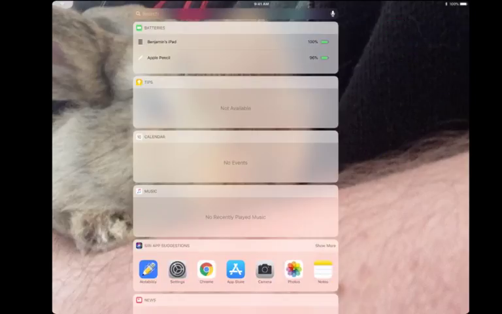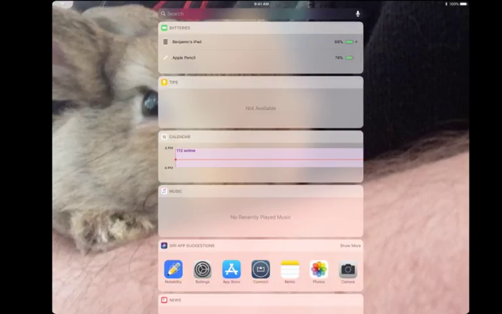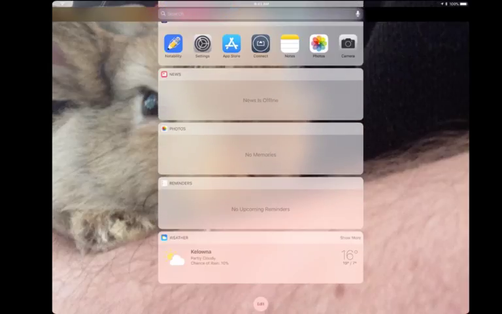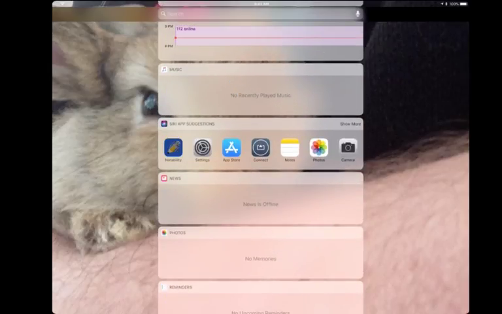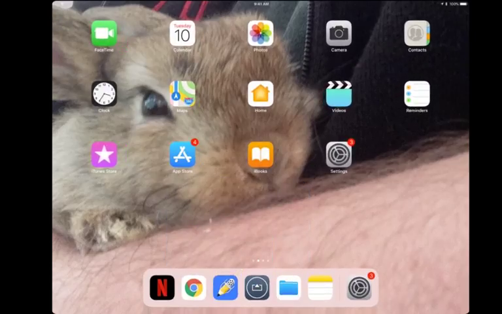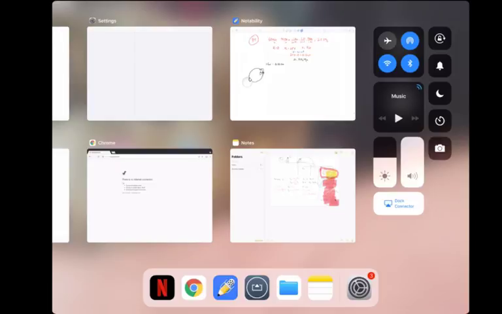Let's try swiping. No. Maybe if I swipe up. Ooh, that's cool. Notability.